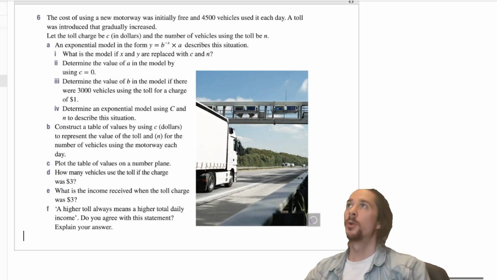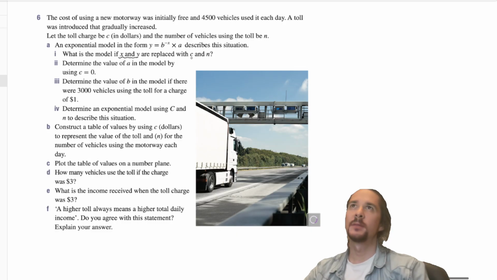So what we're going to be modeling here, which letters will we be replacing? Well, if we just take it respectively, then we have n equals b to the negative c times a.